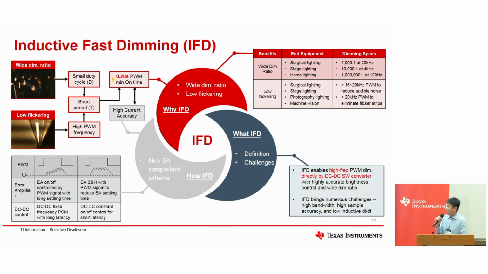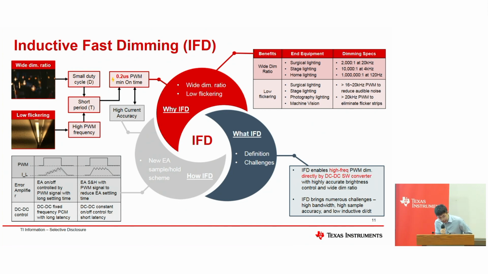At the same time, we're using this control scheme to improve the accuracy of the brightness control and the wide dimming ratios, so that you get the highest brightness and the lowest brightness with a very clear contrast. For the LED dimming requirements, we have seen two major benefits with developing this IFD patent.